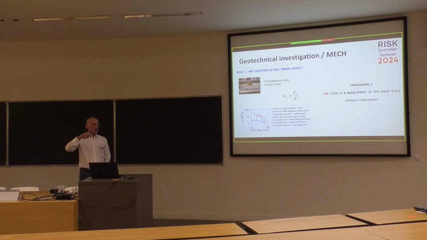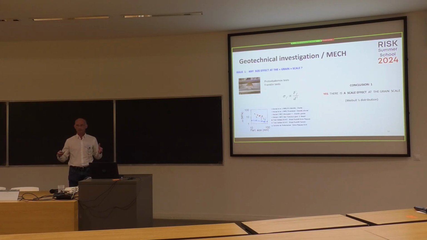And we note the maximum force, and we compute the failure stress, sigma f, by dividing this force by the square of the average diameter. And what we observe is that the failure stress is decreasing with the size of the particles. So it means that there is a large scale effect.